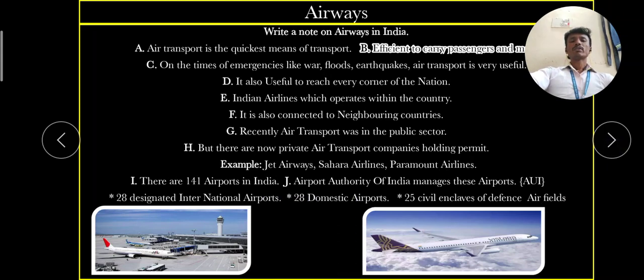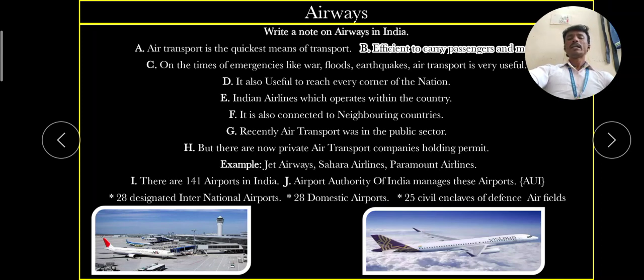And throughout the country, there are 28 designated international airports. Designated means assigned a name or title. For example, Netaji Subhash Chandra Bose International Airport, Indira Gandhi International Airport, and Kempe Gowda International Airport.